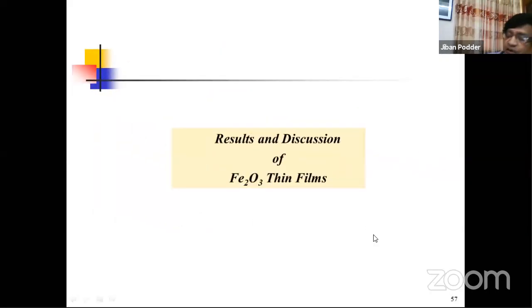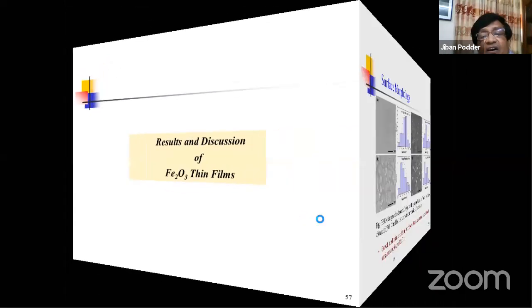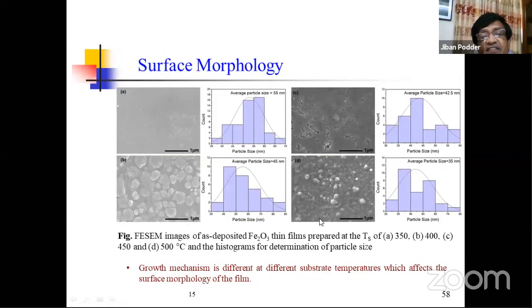Here, these iron oxides: recently one of my students completed her PhD and she did the iron oxide in detail for her PhD thesis. Here you see the pure iron oxides, where we only change the deposition temperature to see the effect of temperature on the formation of the nanostructured material.